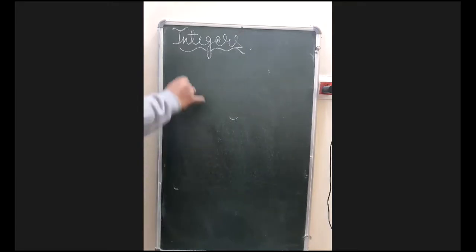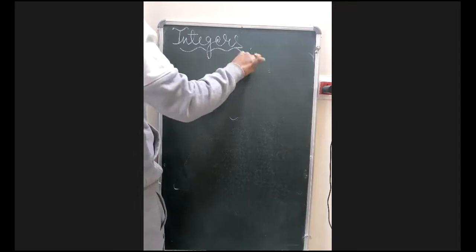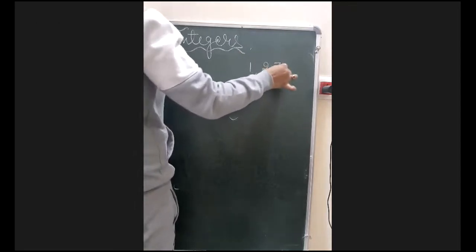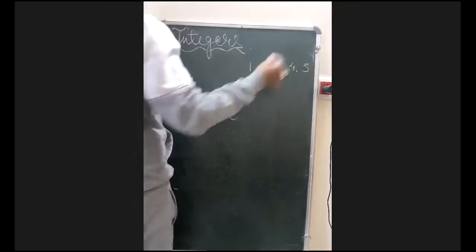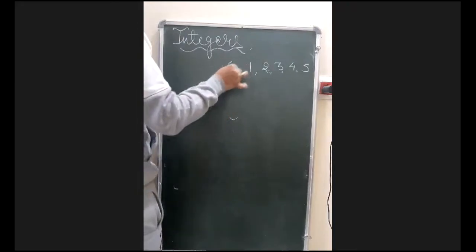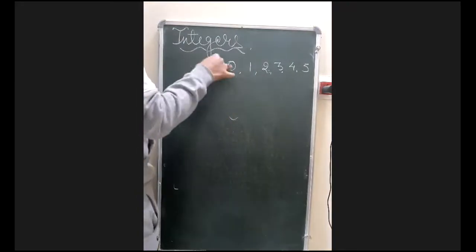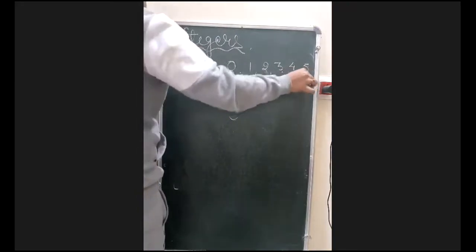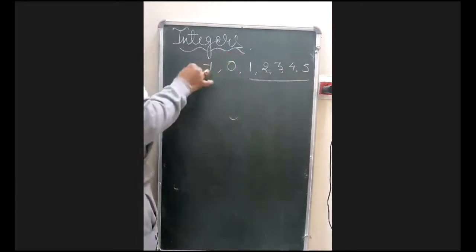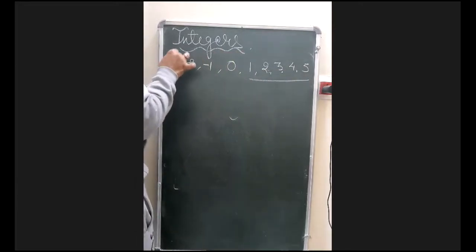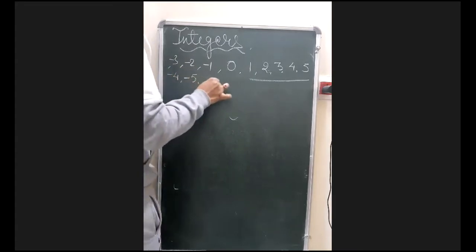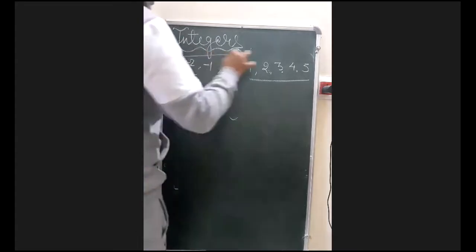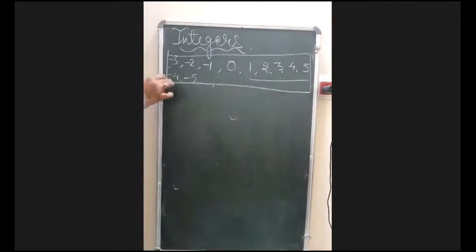For example, 1, 2, 3, 4, 5 and so on, including zero, and negatives of all these natural numbers as well. So -1, -2, -3, -4, -5 and so on. So remember, this whole collection is called integers.